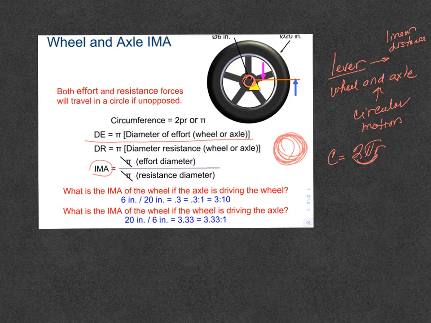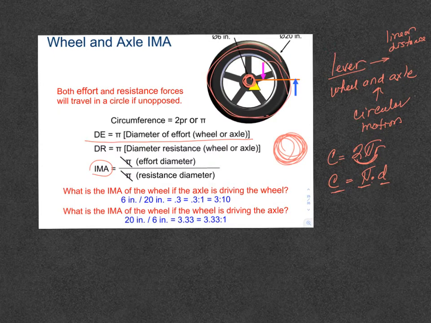This 2r, twice the radius, is the diameter. So if you have the diameter, the circumference is pi multiplied by the diameter. Questions about that?